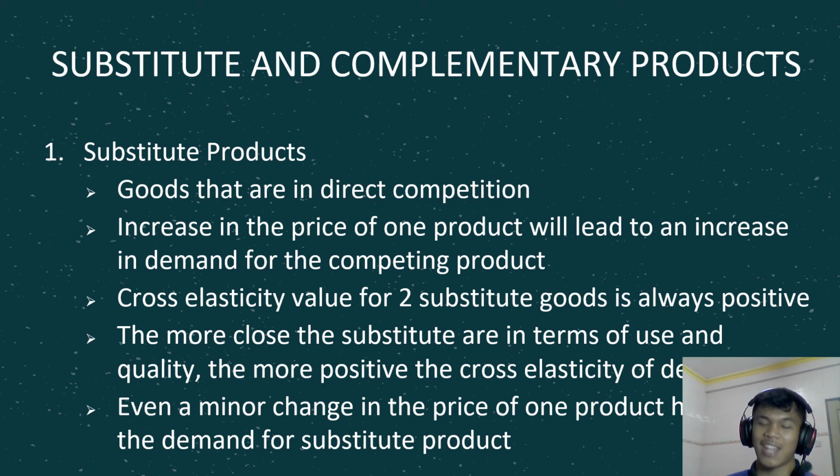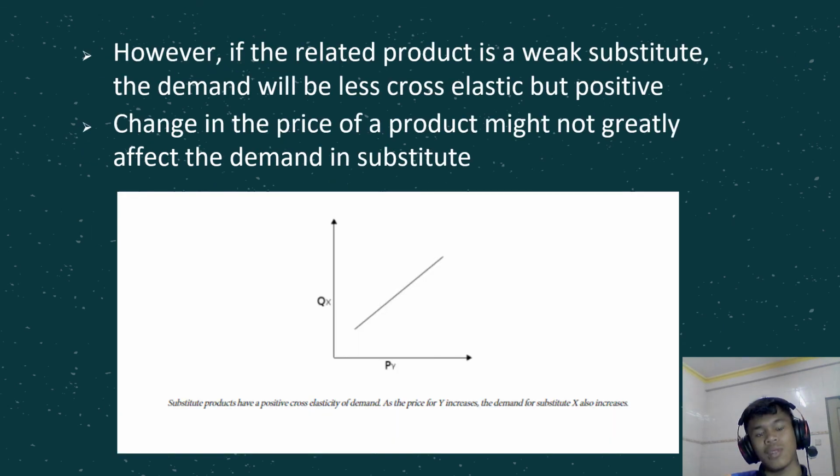The more positive the cross elasticity of demand, the more even a minor change in the price of one product highly affects the demand for substitute products. However, if the related product is a weak substitute, the demand will be less cross-elastic, but it's still positive. A change in the price of a product might not greatly affect the demand for the substitute. So this is the graph for the first part.